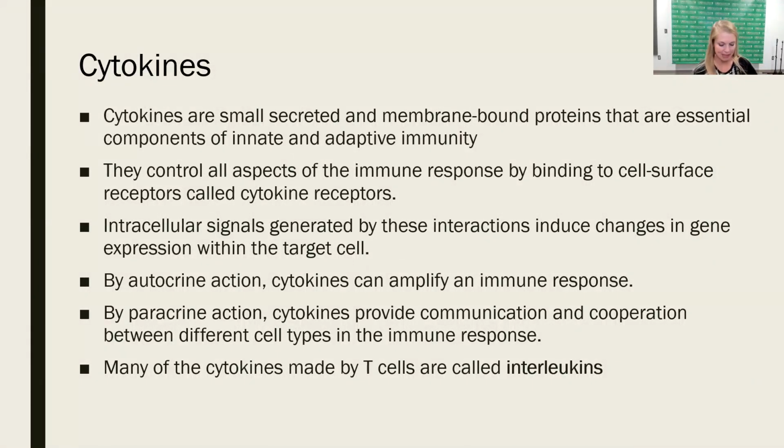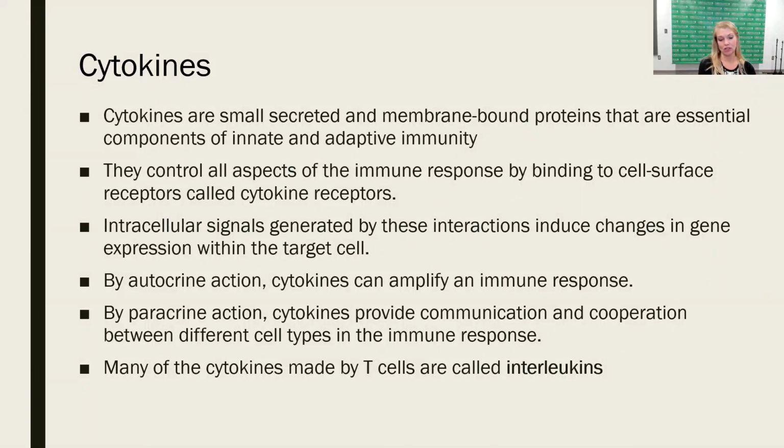But they are going to be the messages that drive the adaptive immune response, and tell a cell which transcription factors to turn on, which proteins to make, and then those proteins that they make will have some sort of function. So they really truly control all aspects of the immune response when that CD4 positive T cell binds to whatever cell it is going to connect with.